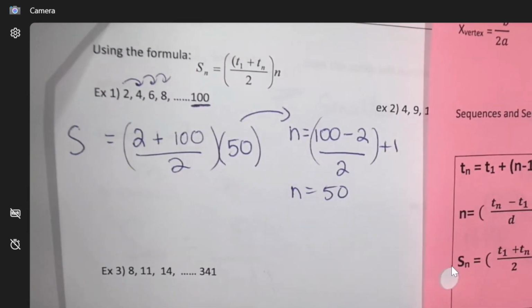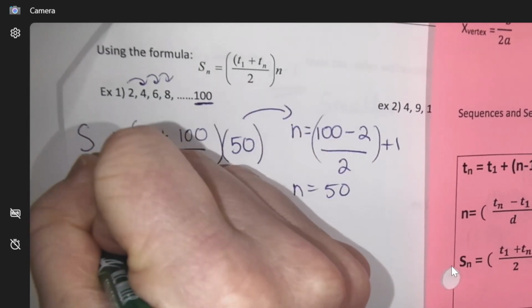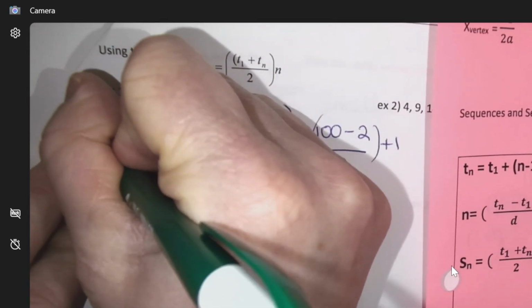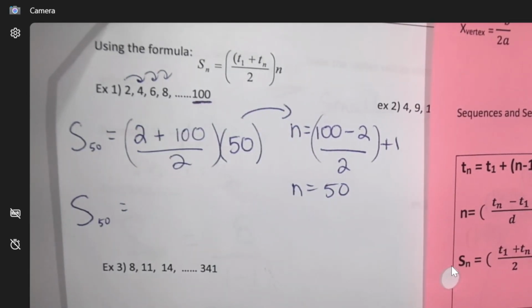So there's 50 terms, and it kind of makes sense. 2, 4, 6, 8, all the evens from 2 to 100, there's 50 of them. So now you can technically put a 50 there, the sum of the 50 terms. So if I was to go 2 plus 4 plus 6 plus 8 plus 10 plus keep going, what does that all add up to? So now you can type that in. Please use brackets, they're your friends.